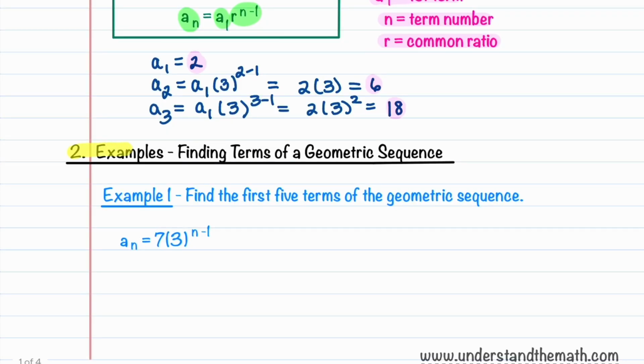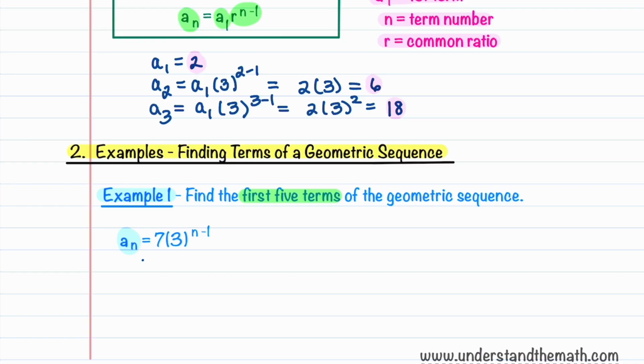Let's now look at some examples where we're given some information and we want to find the terms of our geometric sequence. In our first example, we are going to find the first 5 terms of the sequence. Our sequence is given by the formula a sub n is equal to 7 times 3 raised to the n minus 1.